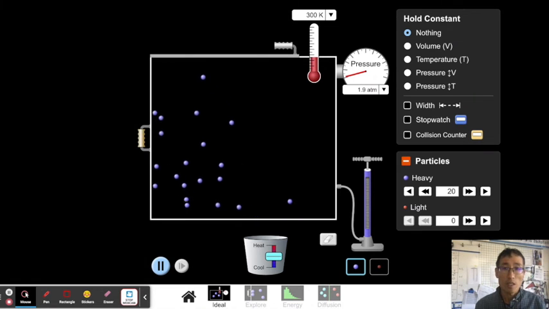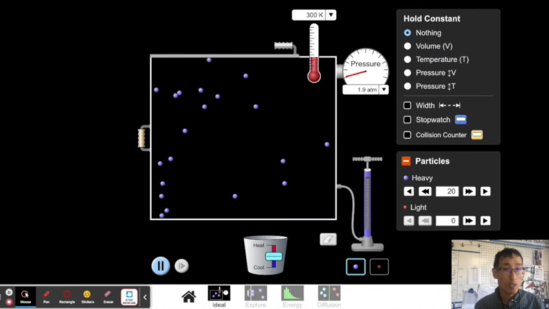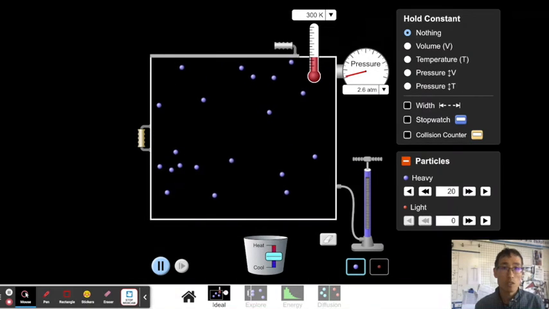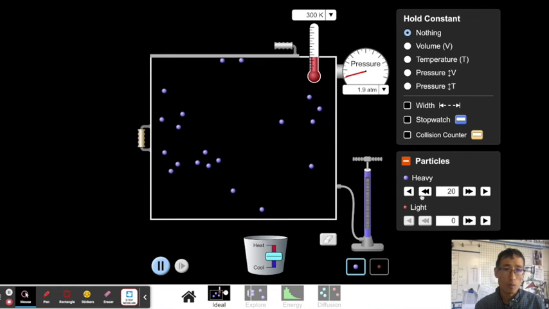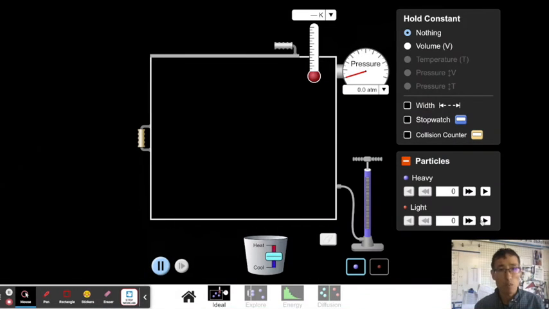We can see the heavy particles moving around, and my pressure is going to be about 2.5 atmospheres.